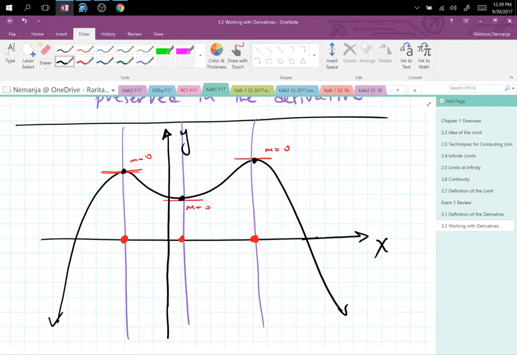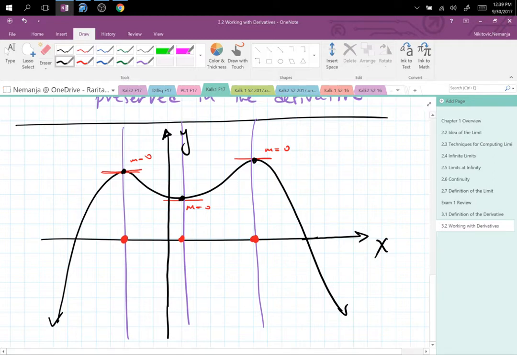There is a region from negative infinity to this point, and then from this point to the next, from this point to the next, and then from that point to infinity. So it's like cuts. The derivative in each one of these is going to be considered separately. We don't have to consider the entire function at once.